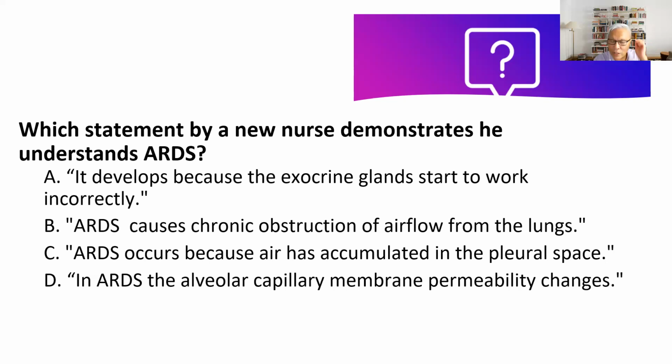The type 2 are the ones that secrete surfactant. Now, ARDS causes chronic obstruction of airflow? It's not COPD. Chronic obstruction refers to a condition such as what happens with emphysema, as well as in chronic bronchitis and chronic asthma. So that is not it.